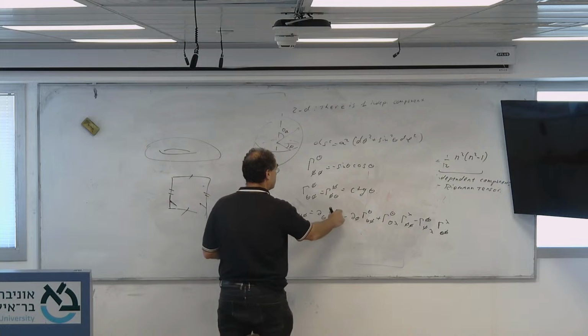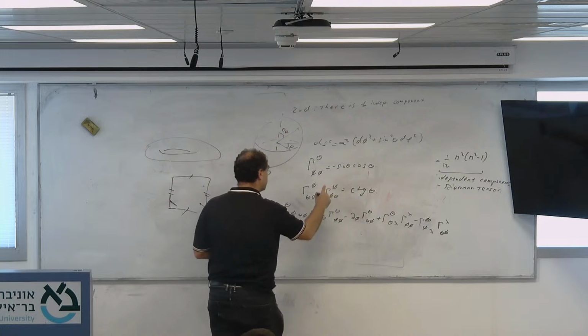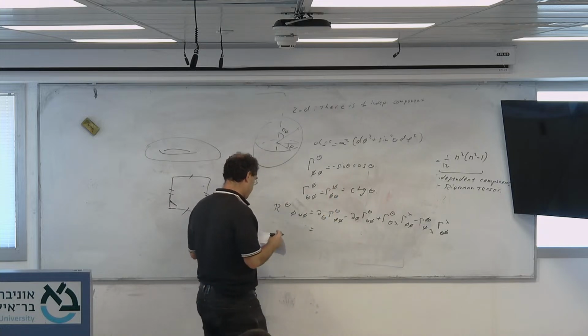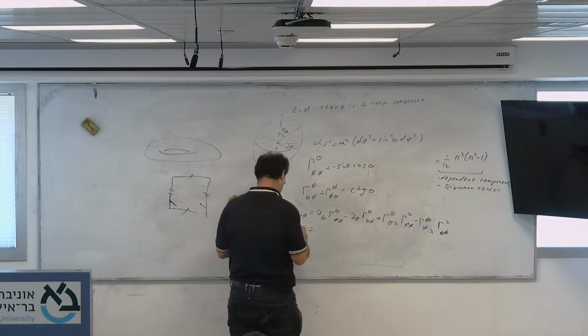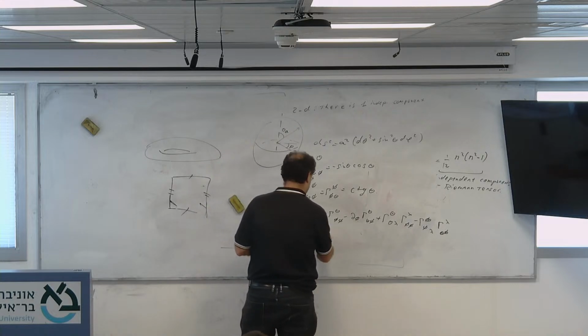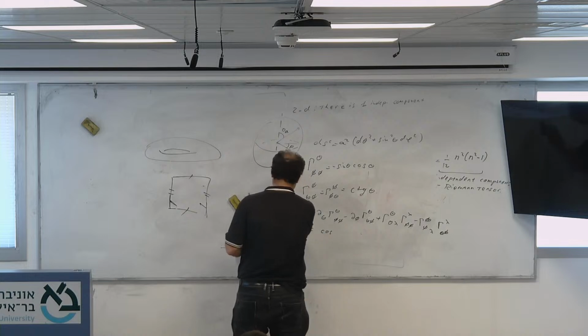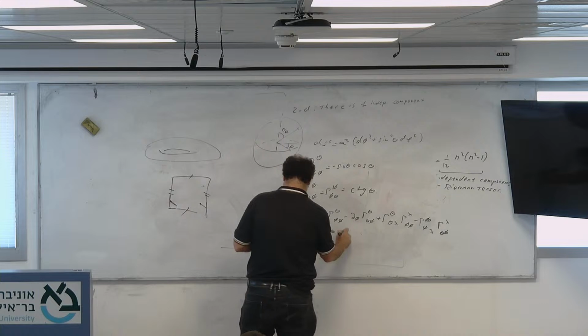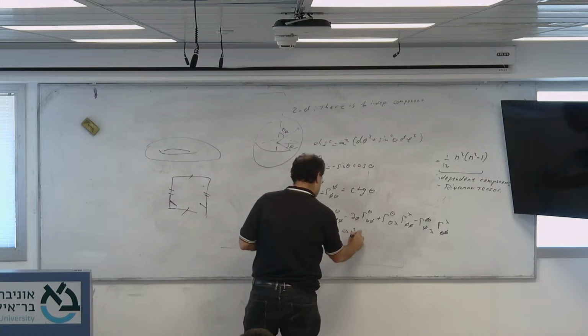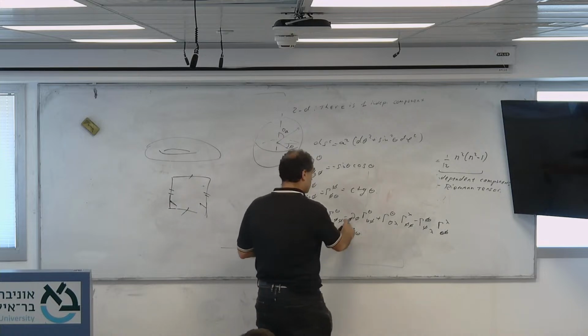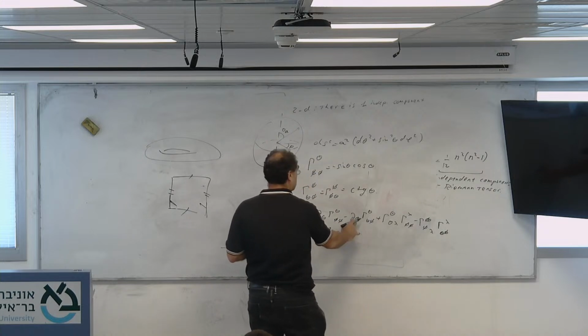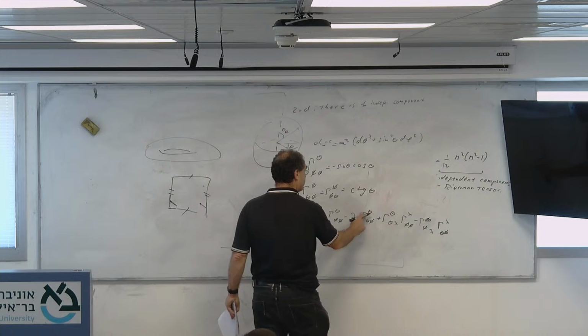So what do I get? d theta of gamma theta phi phi. Come on, let's write it down. Cosine squared theta minus sine squared theta, minus cosine squared theta. This one, gamma phi, d phi of gamma theta phi theta phi, nothing else.